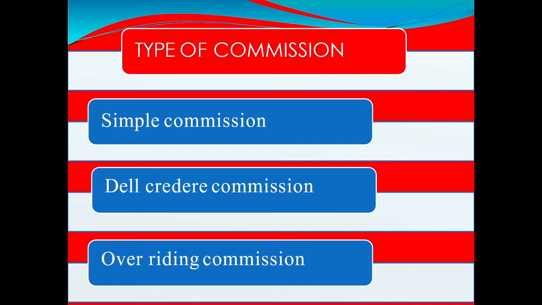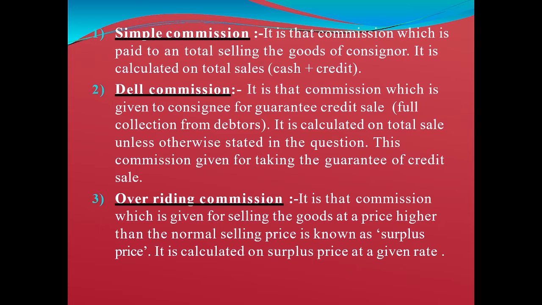There are three types of commission. One is simple commission. Another one is del credere commission. Another one is overriding commission. Simple commission is calculated on total sales, that is cash and credit sales.